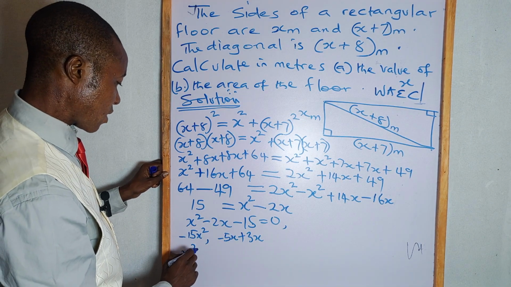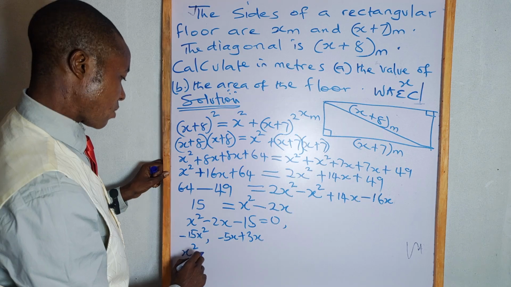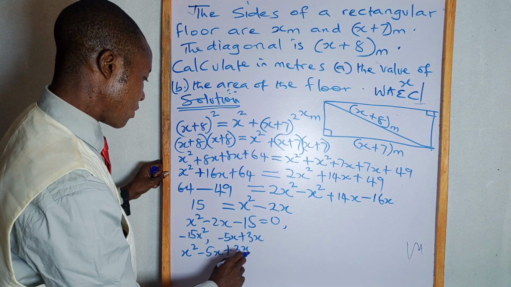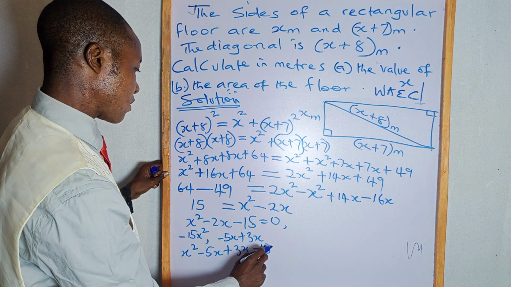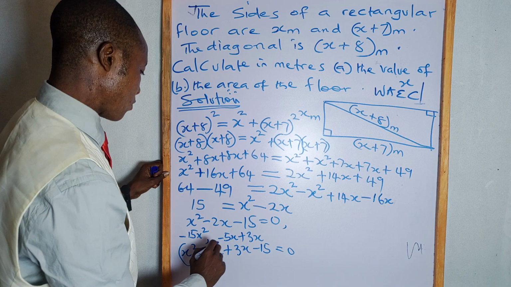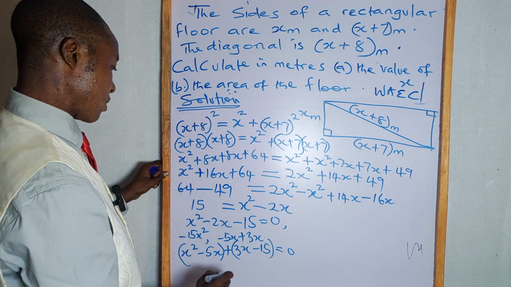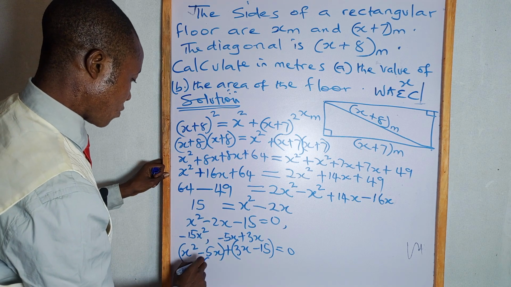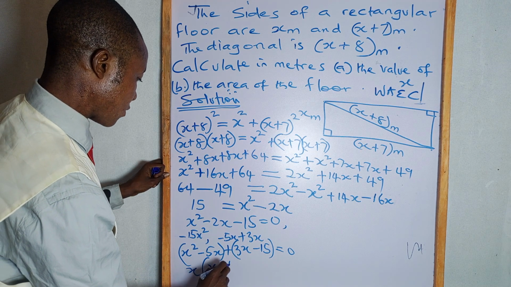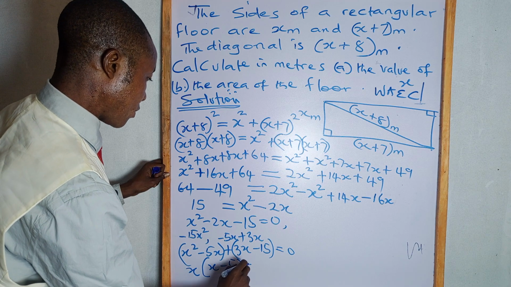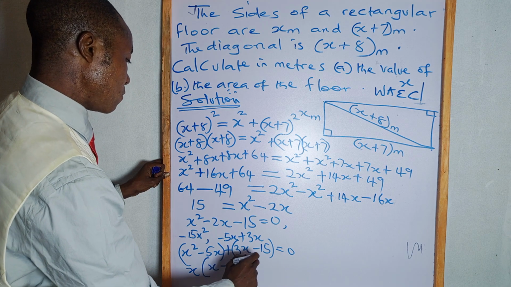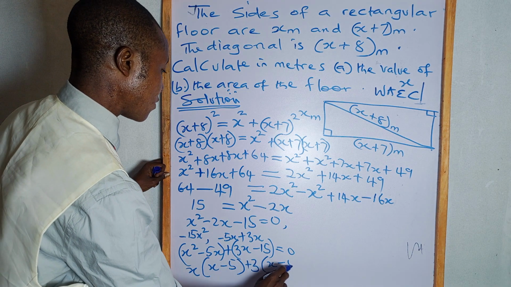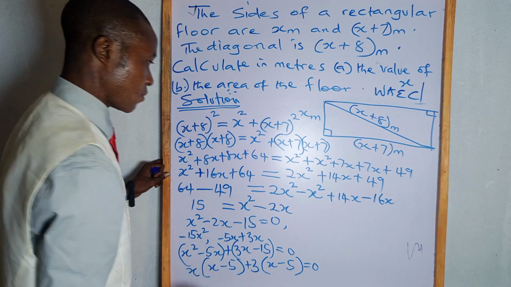Therefore, we have x squared minus 5x plus 3x minus 15 equal to 0. So x into (x minus 5) plus 3 into (x minus 5), everything is equal to 0.